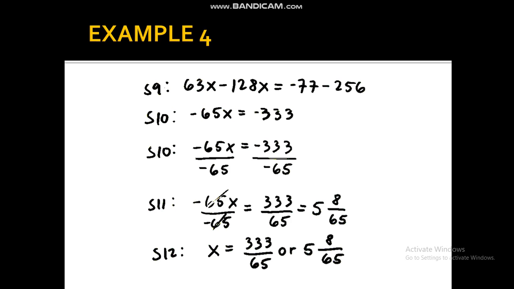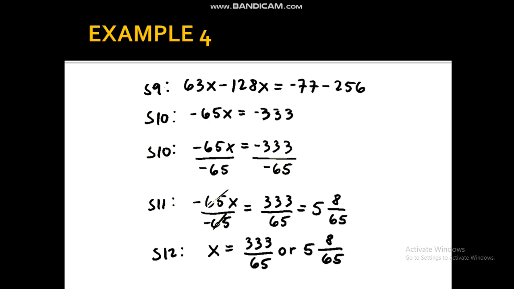I gather also the pure numbers in the right hand side. Step 10, what remains in the left hand side is the single term negative 65x. And what remains in the right hand side is the single number, negative 333. Step 10, I divide both sides of the equation by negative 65 to solve for x.